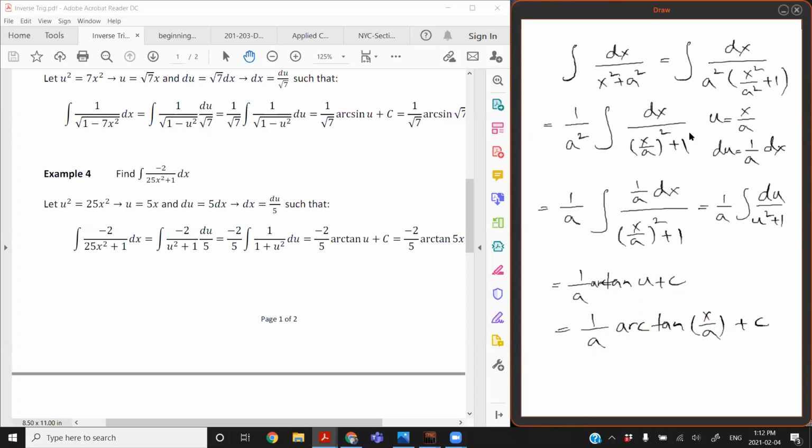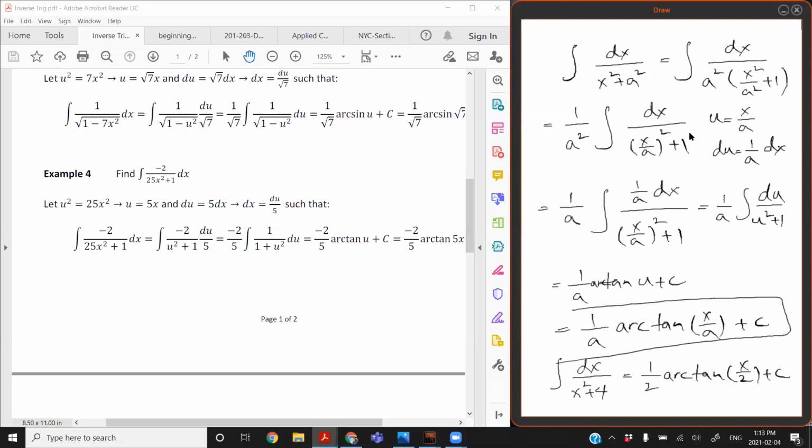So now if you have something like this, integral of dx over, let's say, x squared plus 4, then you can use this like a formula. A would be 2 in this case, because 2 to the power of 2 is 4. So it's 1 over 2 arctangent of x over 2 plus c. Any questions?